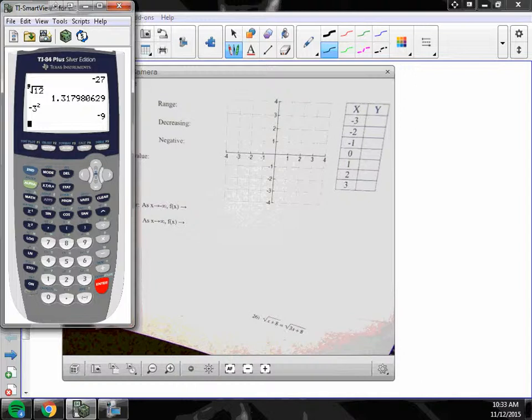But what I want is this. Negative 3 squared, not the opposite of 3 squared. So whenever you're plugging negatives into a function, always use parentheses. And that way we're going to end up with 9. So negative 3, 9. Can I graph that?